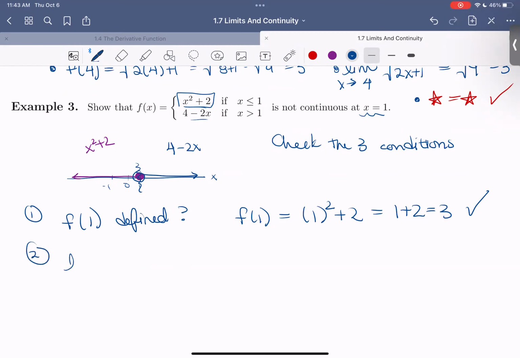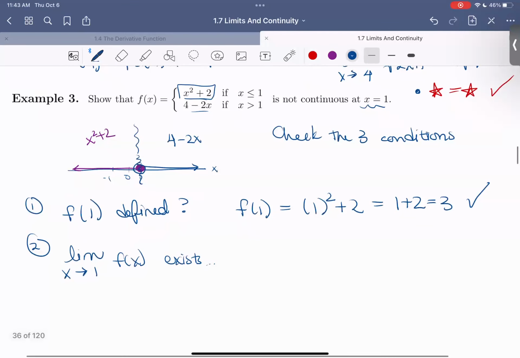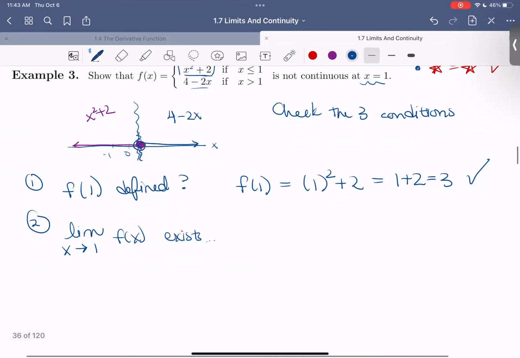Number 2, we need to check if the limit as x goes to 1 of f of x exists. Here we do have a break in our graph, as previously mentioned. Well, maybe not a break, they could connect, but our function is defined differently from the left or the right.